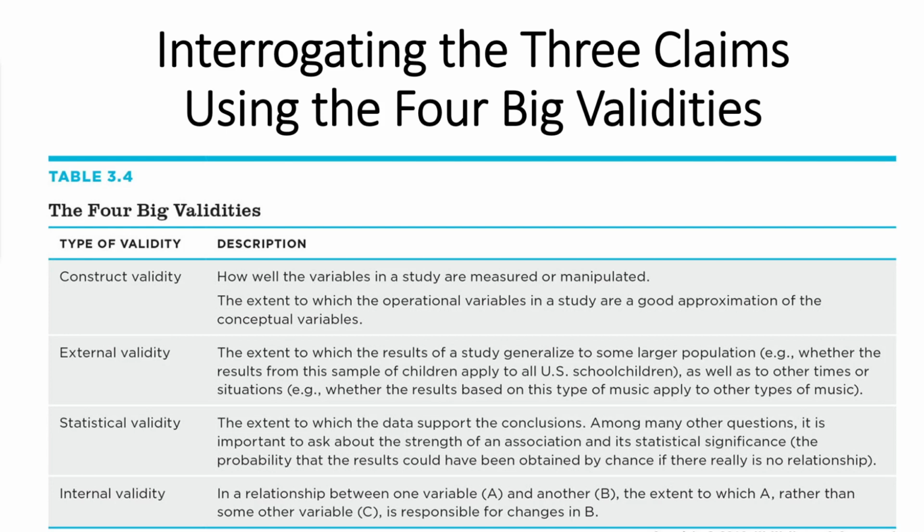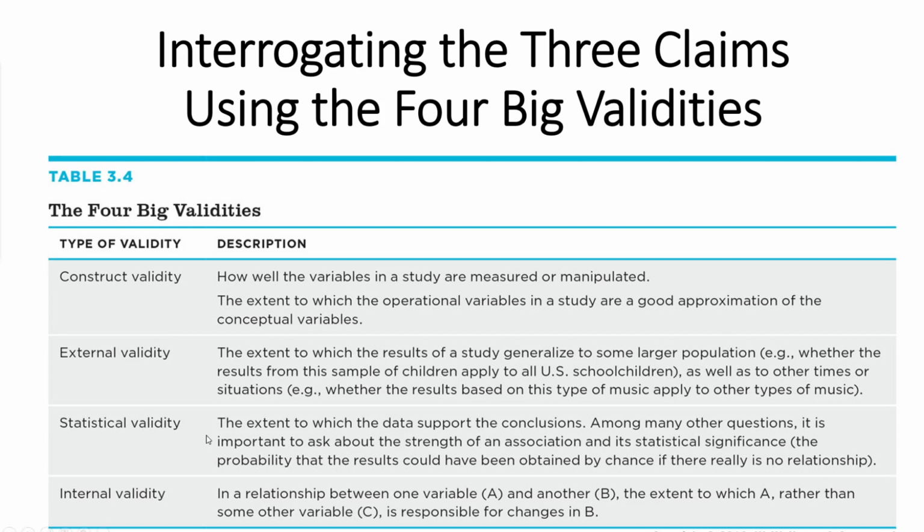If it isn't externally valid, then the results of that study only apply in the population you tested it in. So maybe there's something strange about Wisconsin, and the type of learning only works in Wisconsin. So that would be a not externally valid study because it can't be applied anywhere else.